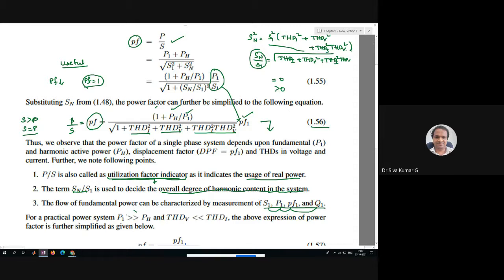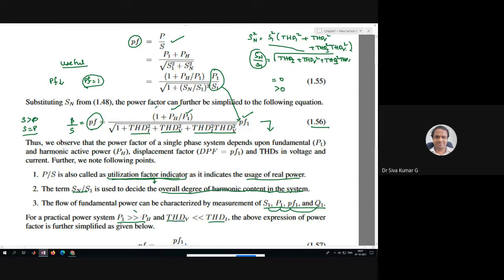But in order to have a clear evident of how the power factor is affected by the harmonics, further we consider that P1, the fundamental active power, is much higher than the harmonic value, and the THD in the voltage is very much less than the THD in current.